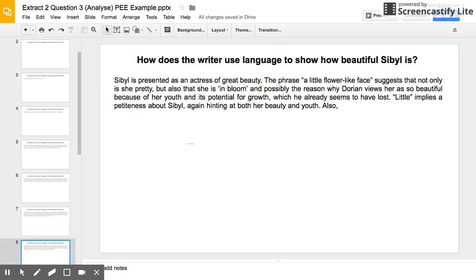I'm now moving on to my second quotation. If I wanted to say something more, I could obviously start another sentence. I'm moving on to my second quotation. The way that I've shown that is that I've got a connective that moves from the first to the second quote. The fact that it says also, or similarly, or furthermore, or in addition shows that this quote is going to be the same as the one before in the sense of the idea is the same.